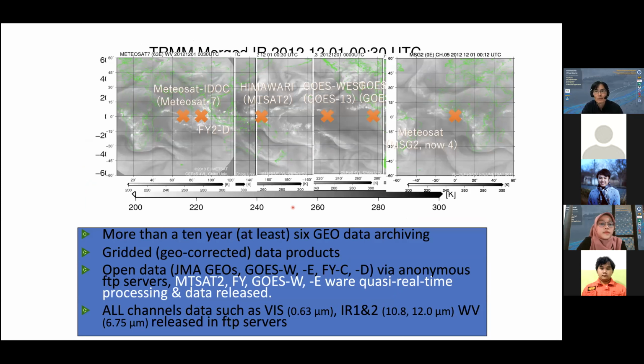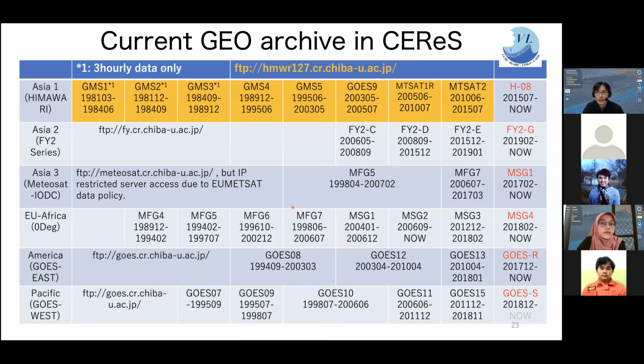Since the start of Himawari 1, the first generation, to the current Himawari 8, we have collected more than 30 years of data, and anyone can access it and easily handle and analyze it, not only Himawari 8 but also GOES East and West data, and FY2, a Chinese satellite.